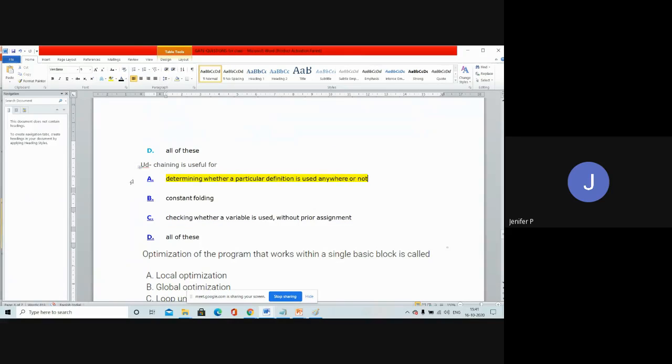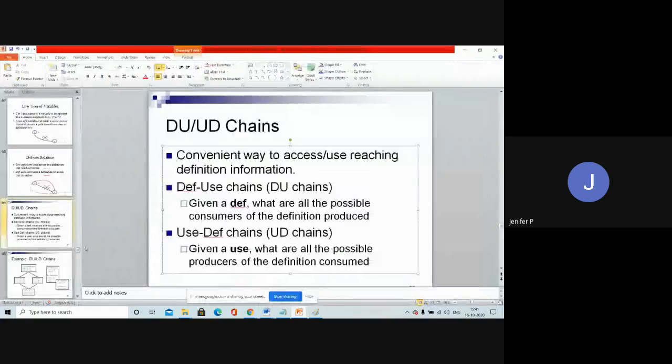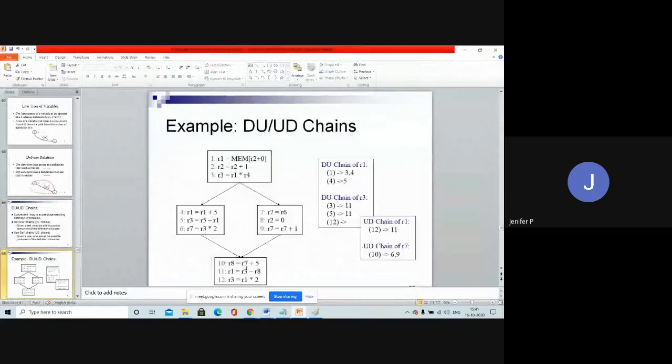See here in this example we are considering R7. R7 has been used in the 10th statement. Previously it is defined where? At 6 and 9.